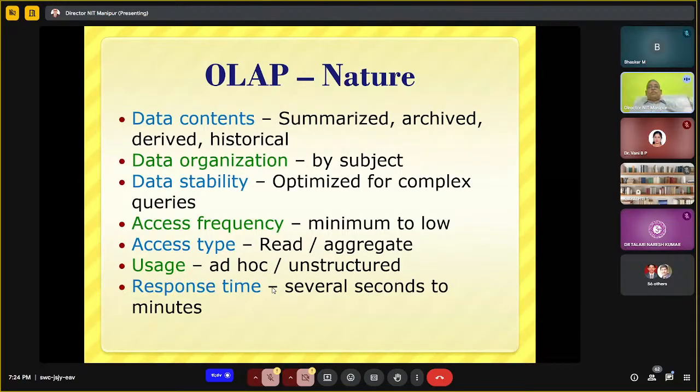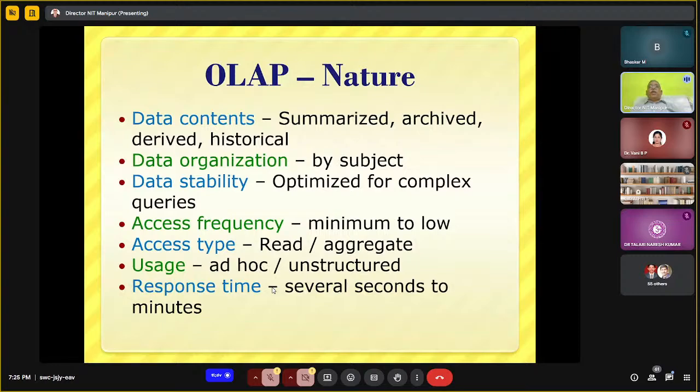It's optimized for complex queries. Complex queries means a huge number of combinations of summarized data is available, and on the back end we do processing very quickly. The time taken on a normal database is very high compared to the time OLAP takes running on top of the data warehouse, which is very fast. That's why they're optimized for complex queries.